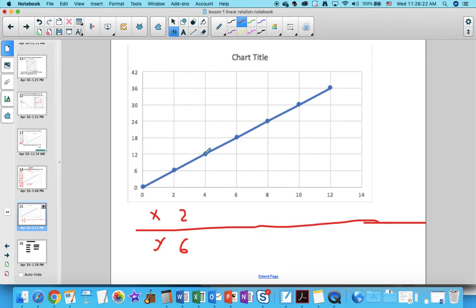At 4, I have 12. At 6, I have 18. At 8, I have 24. At 10, I have 30. And then at 12, I have 36.